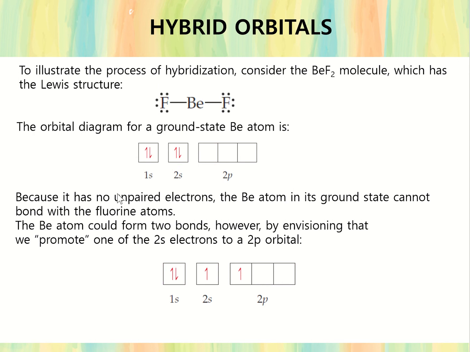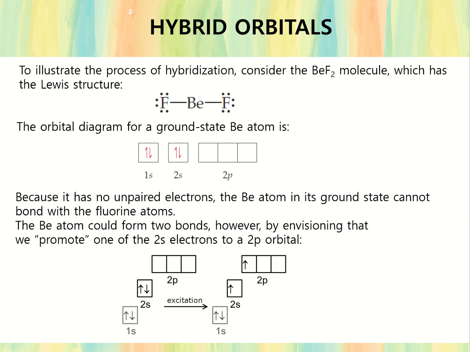So now we're going from two paired electrons to one unpaired electron here. Or if we look at it like this, we know that there are different energy levels.